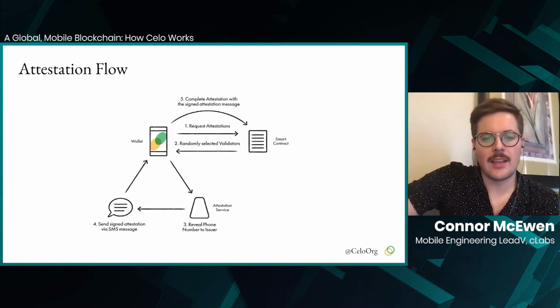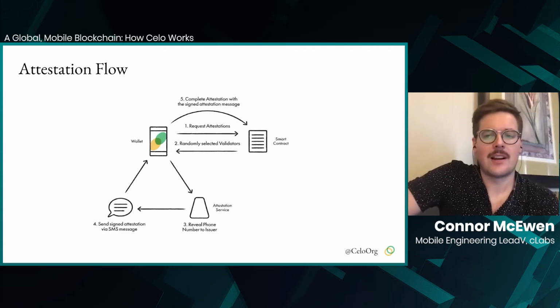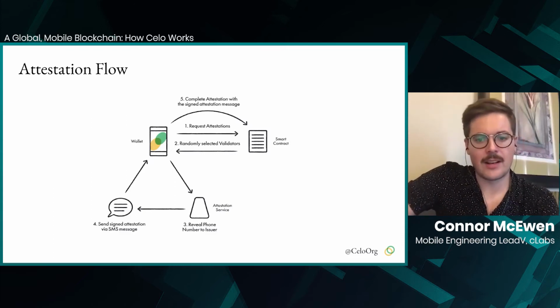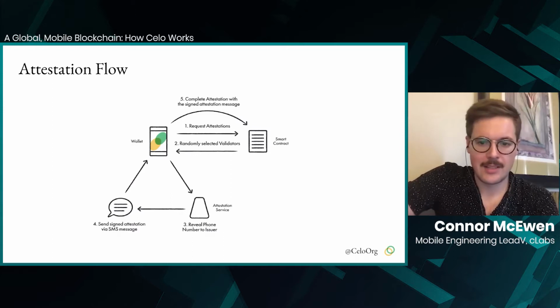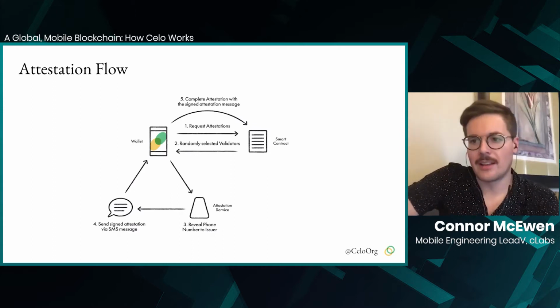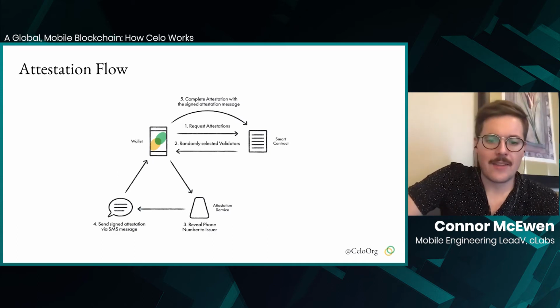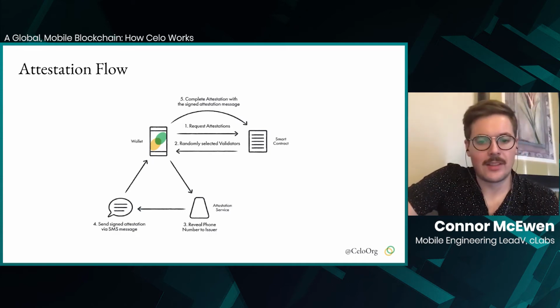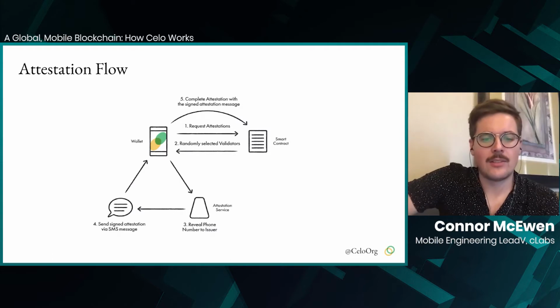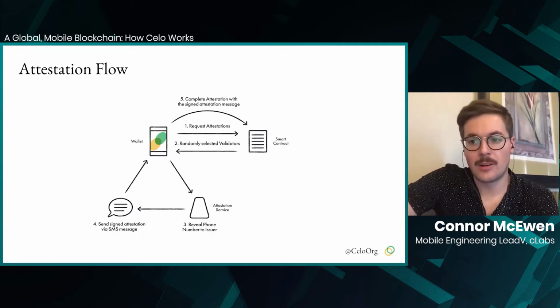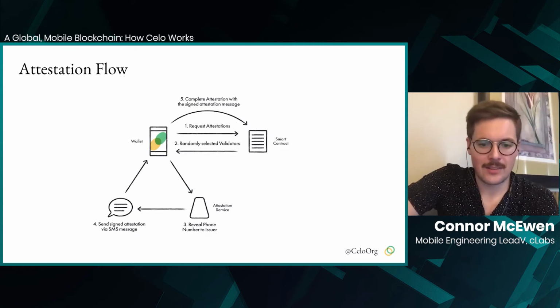So a wallet user who wants to verify their phone number will first request an attestation in a smart contract. That smart contract will use a pseudo-random function to randomly select a validator. That validator is revealed to the wallet user, and then the wallet user can reveal the phone number at which they wish to receive the text message using our attestation service.